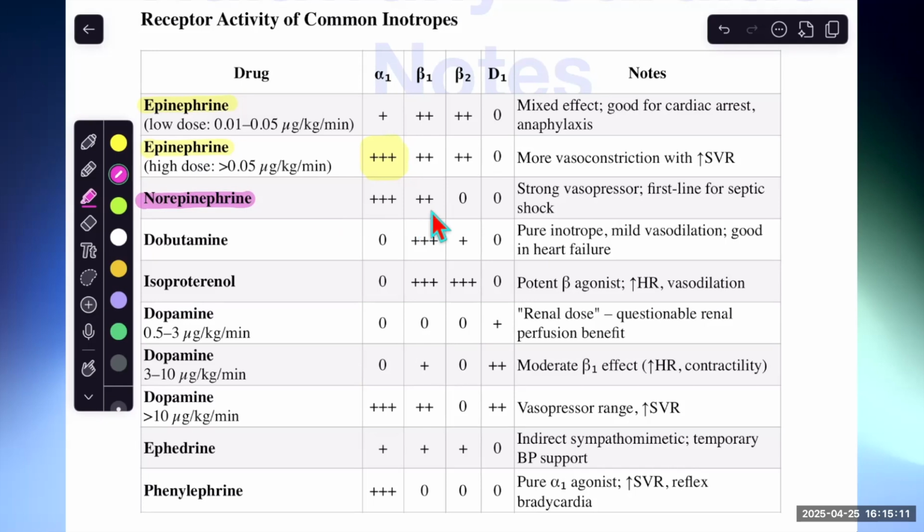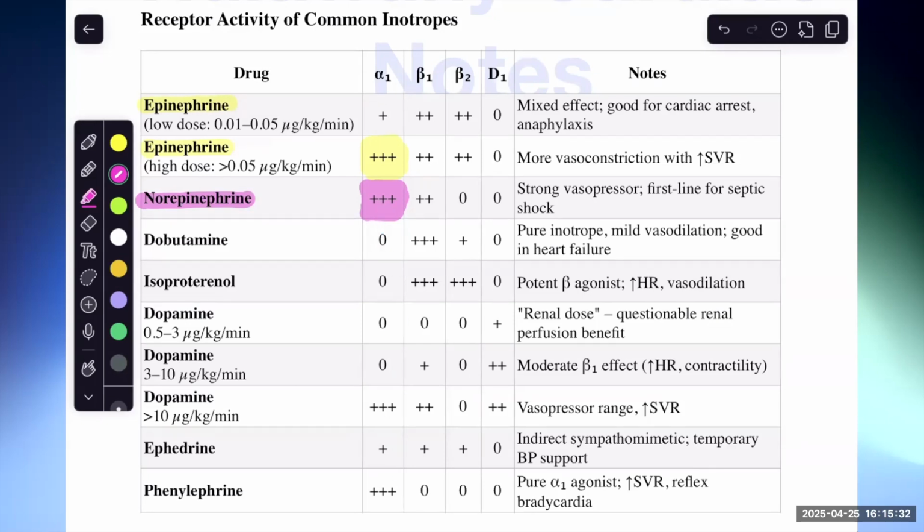As you see, it's mainly alpha. It's a strong vasopressor, which is why it's used in septic shock. But it also has some beta 1 effect on the heart, so it's not pure vasoconstriction.